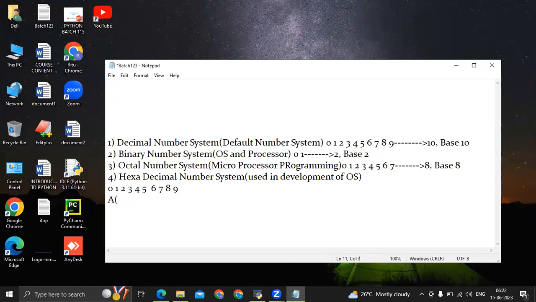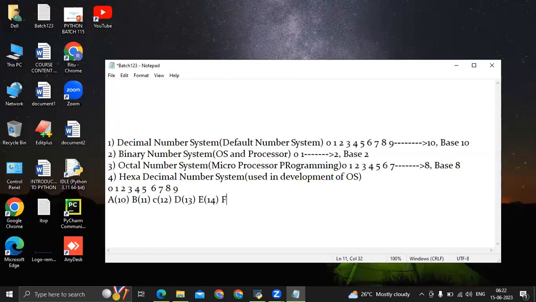B, which will be considered as 11. C, which will be considered as 12. D, which will be considered as 13. Then E, which will be considered as 14.